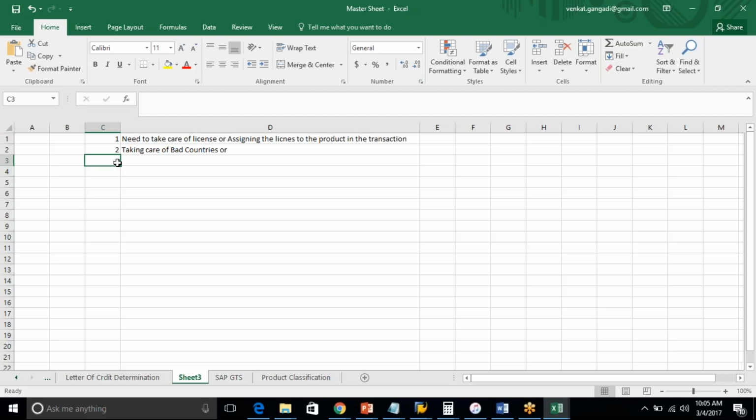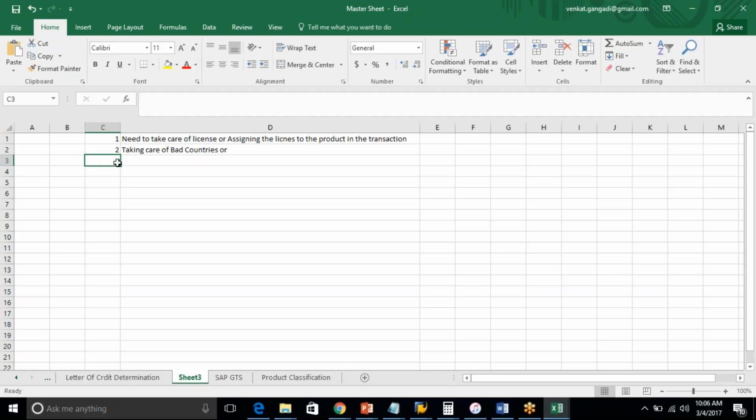And for your information, since the topic came up, I want to tell you that one good thing for the GTS module is, when companies go for the S4 HANA application, that is S4 HANA Enterprise Management, which is a replacement for ECC, the GTS module is mandatory.